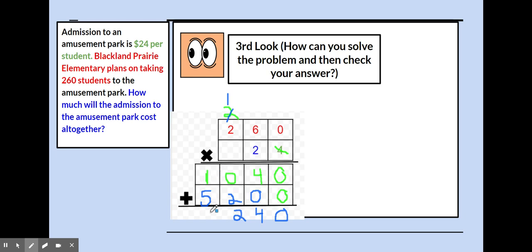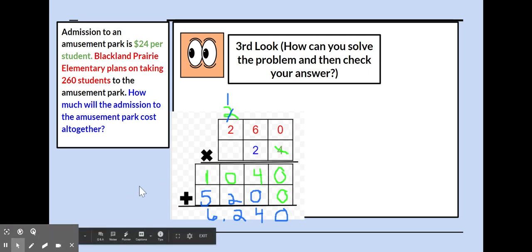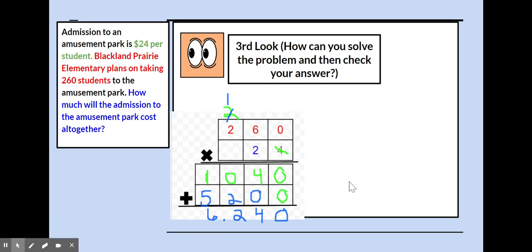And 5 plus 1 is 6. So our answer to multiplying 260 times 24 is 6,240. Now, part of our third look is to do something that can check our answer.